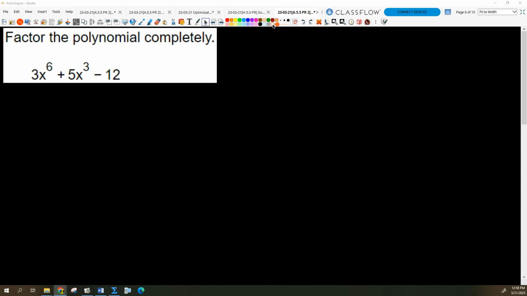So my coefficients are 3, 5, and negative 12, but can I make it look like 3 times something squared plus 5 times something to the 1 minus 12? So it looks quadratic, like a unit 4 problem. What would they be? X cubes, yeah.